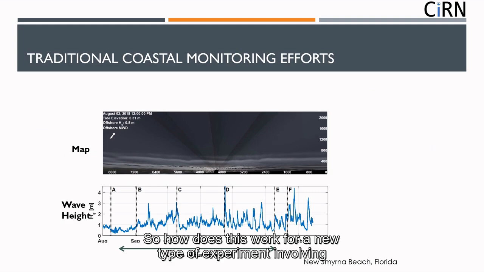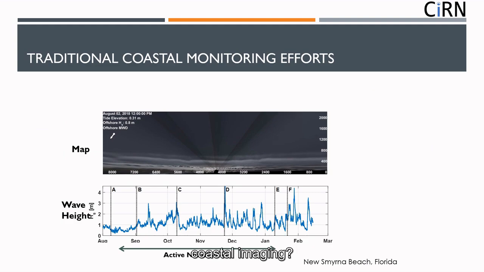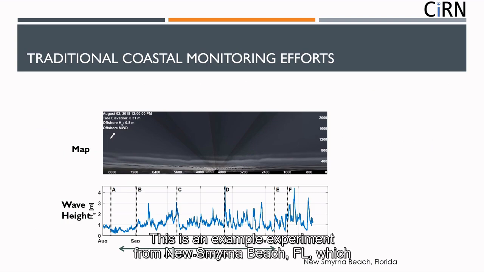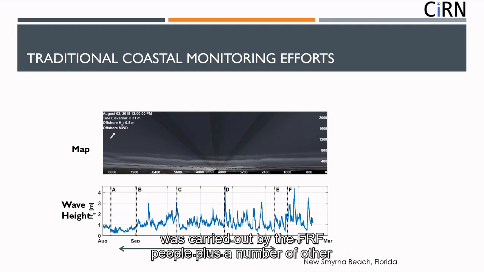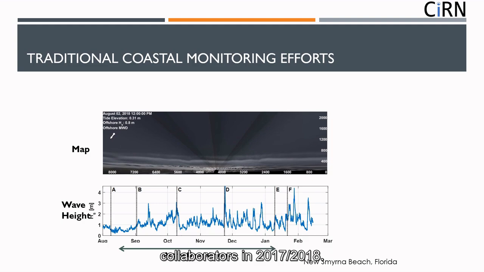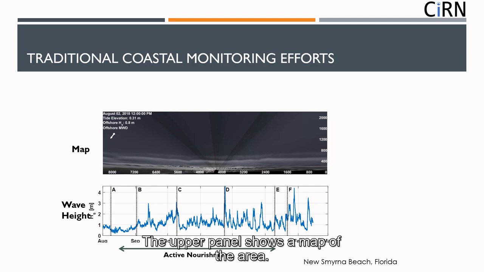So how does this work for a new type of experiment involving coastal imaging? This is an example experiment from New Smyrna Beach, Florida, which was carried out by the FRF people plus a number of other collaborators in 2017-2018. The upper panel shows a map of the area.